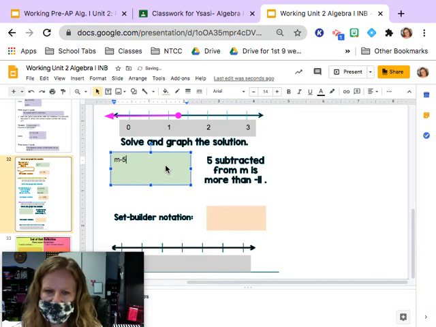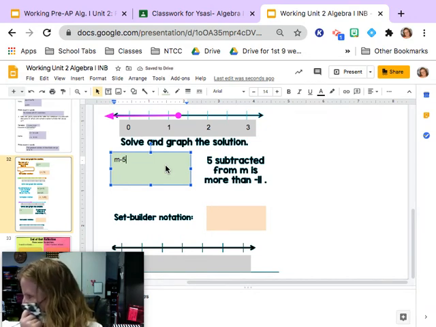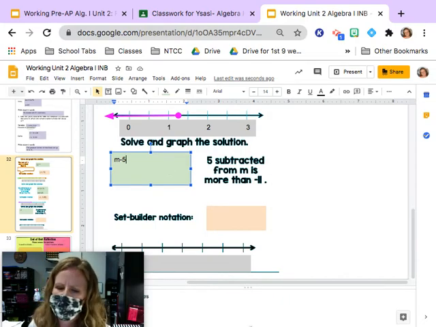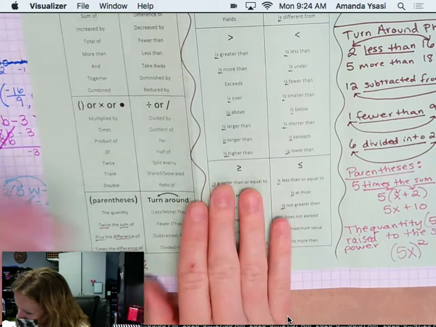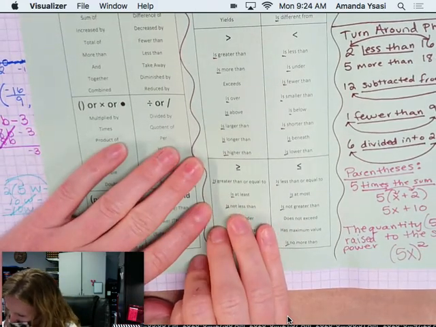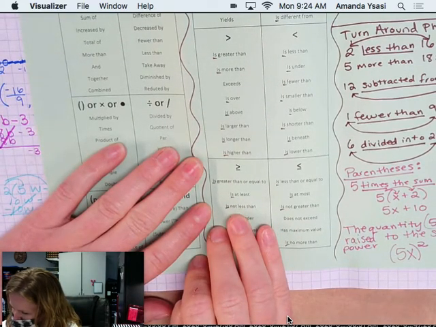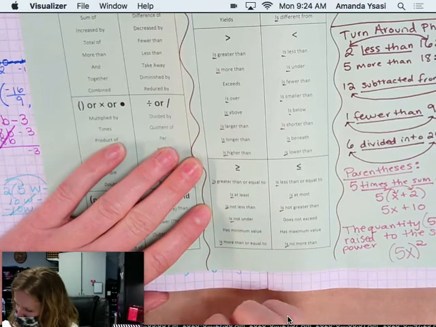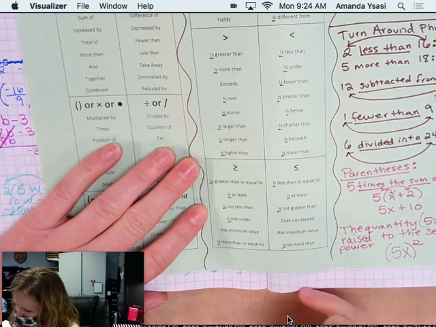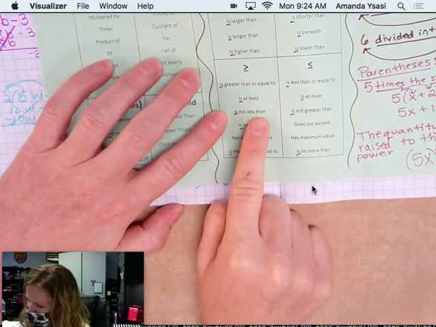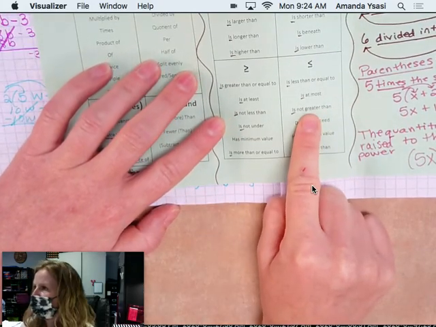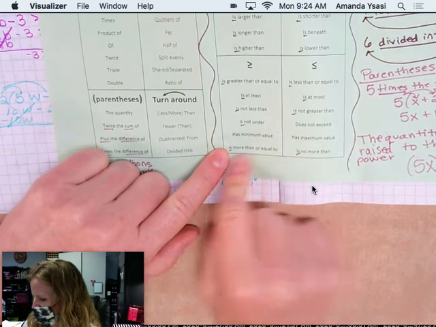m minus 5 is no more than, let's see, what is no more than? It's all the way at the bottom. No less than? No more than? No more than.